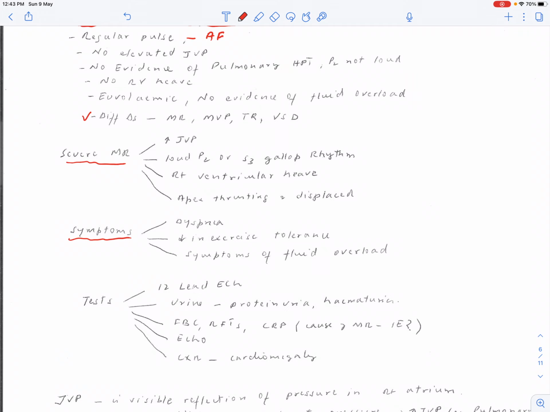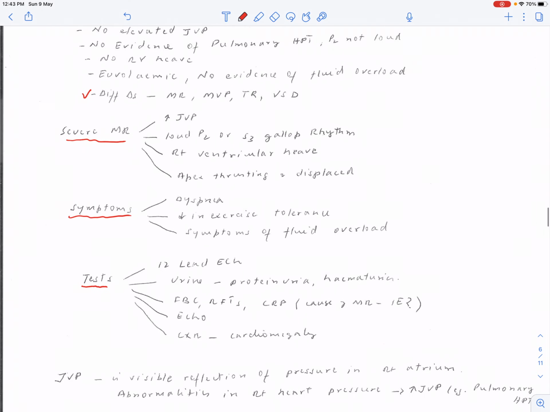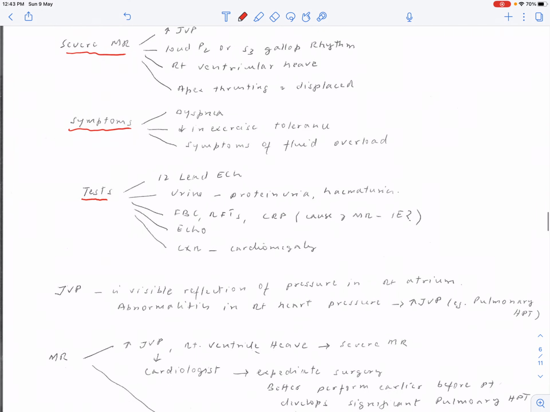What are the tests you would like to do if you got a patient with mitral regurgitation? You can say that I would like to do the ECG, looking specifically for any left atrial hypertrophy; maybe we find some P mitrale.